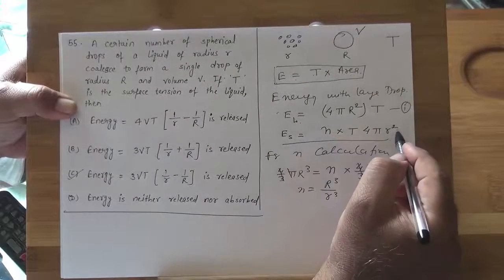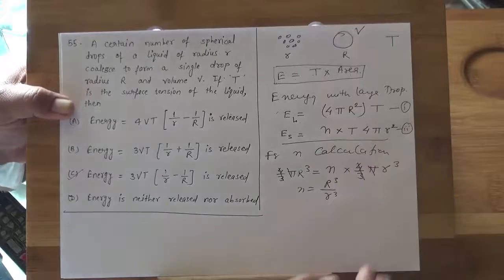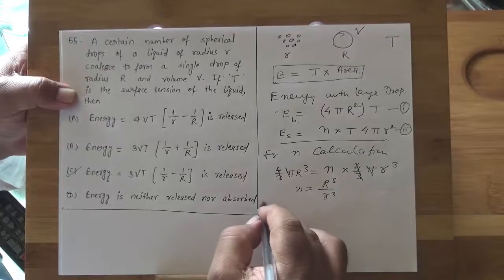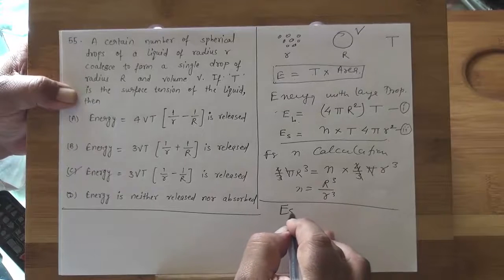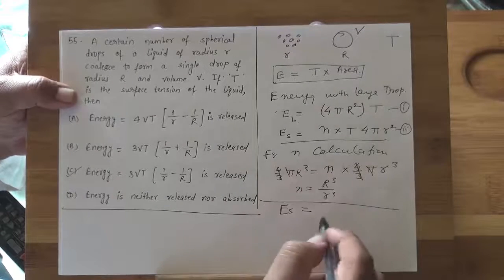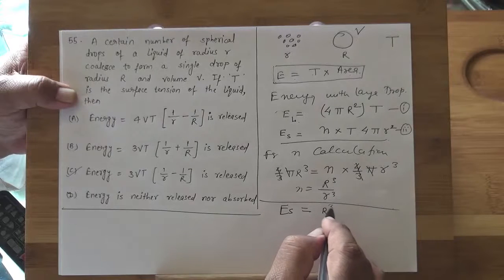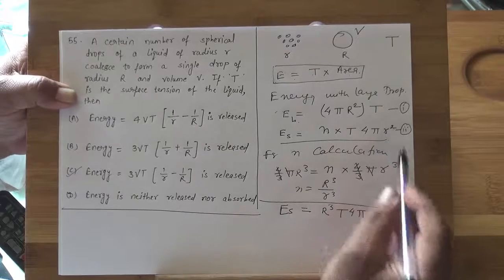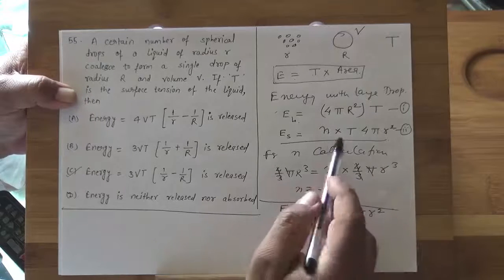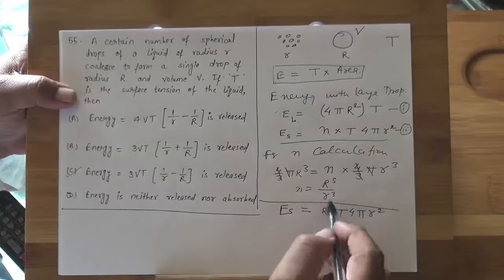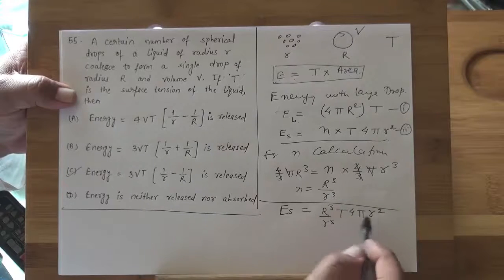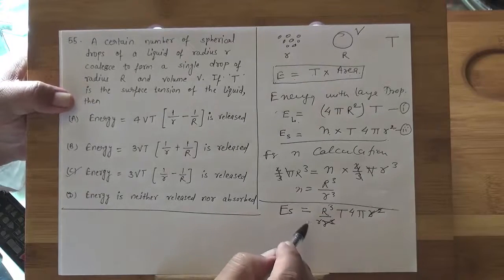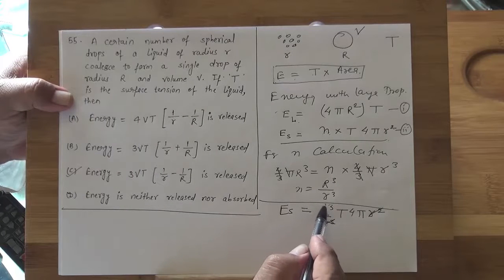Energy of large, energy of small. Now the energy of the small drops is equal to r cube into T into 4 pi r square, so this is r cube upon r times 4 pi r square T. So the smaller the r, the more the energy.